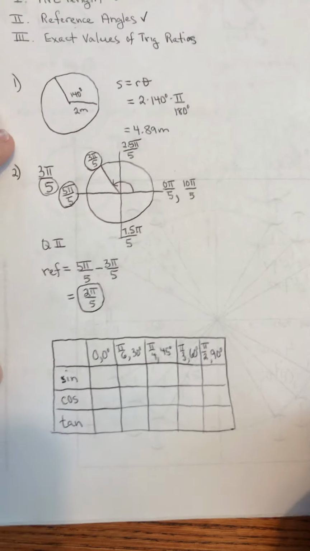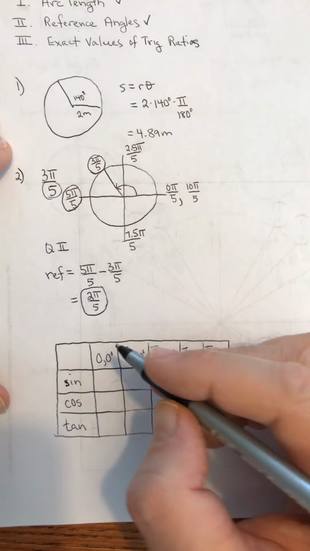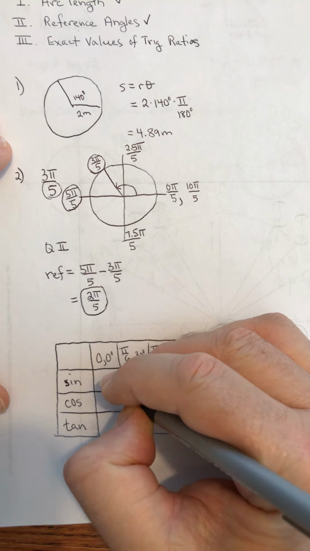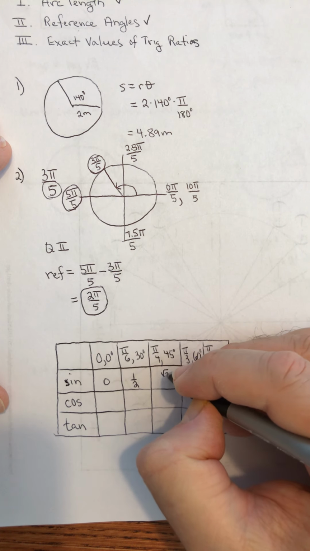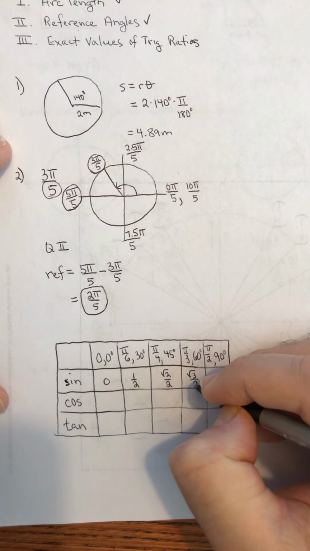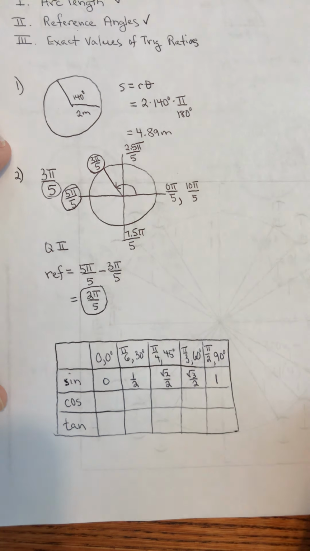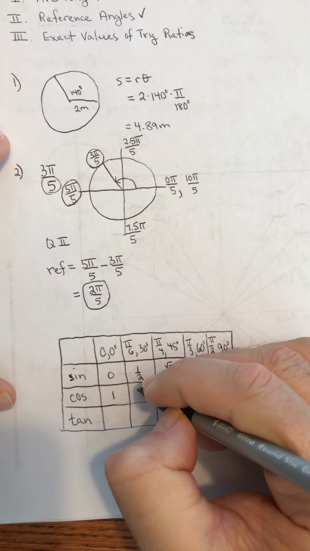They're the same. All right, so if you remember when I first showed you this, it's just square root of 0 over 2, square root of 1 over 2, square root of 2 over 2, square root of 3 over 2, square root of 4 over 2. And then the cosine is just the reverse order of that.